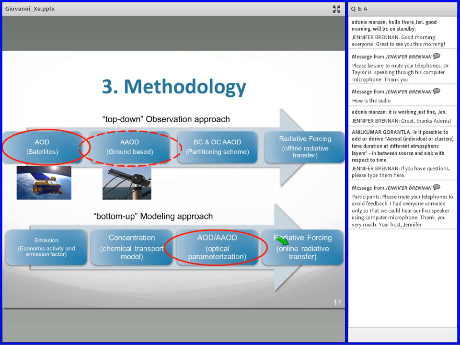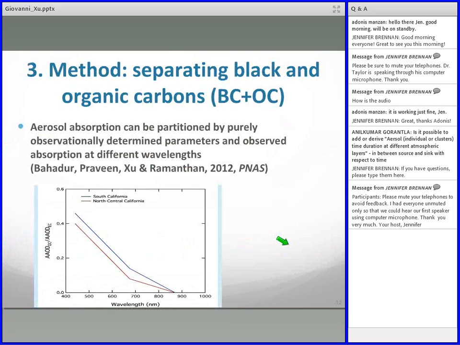So for the methodology part, as I said, we developed a more objective method based on the observation to obtain the partitioning between different species. Without going too much into detail, this method basically uses the observational information of absorption at different wavelengths and uses that wavelength dependence as a signature of the different chemical species.